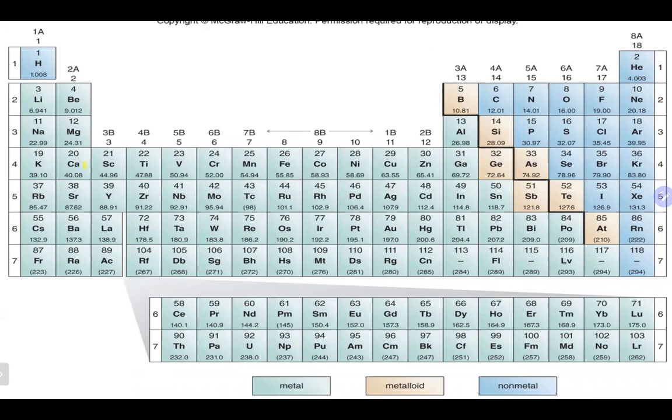All right, so starting up here where hydrogen is period number 1. That is 1s2 all the way to helium. Period number 2, the first 2 boxes, 2s2. Period number 2, starting at boron, that's the P block, 2p6 to the end. Coming to period number 3, that is 3s2.